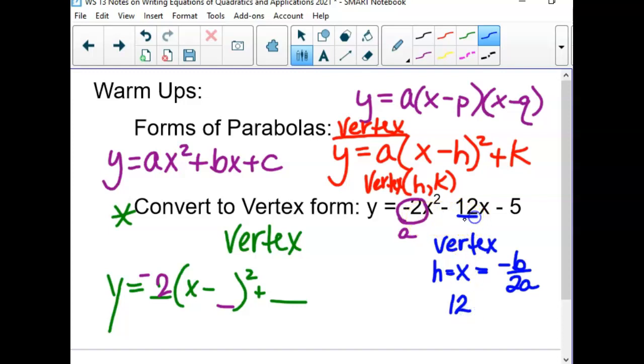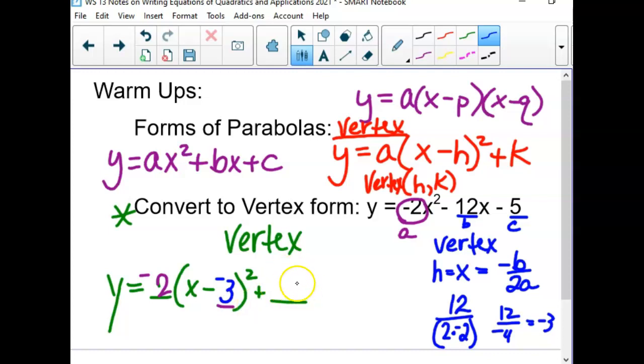That we have a, b, c here. This is -12, so the opposite is 12. And then it's over 2 times a, which would be 2 times -2. We have to do that first, so we get 12 over -4, which is -3. So this is going to be minus -3 right there.